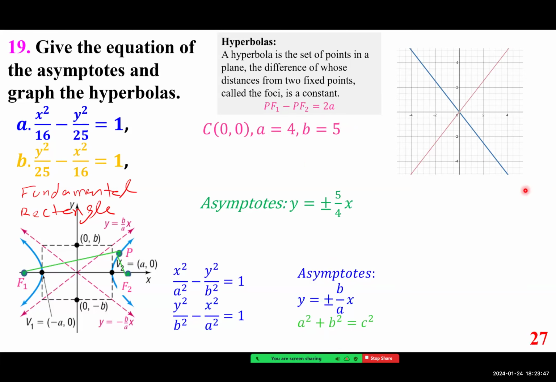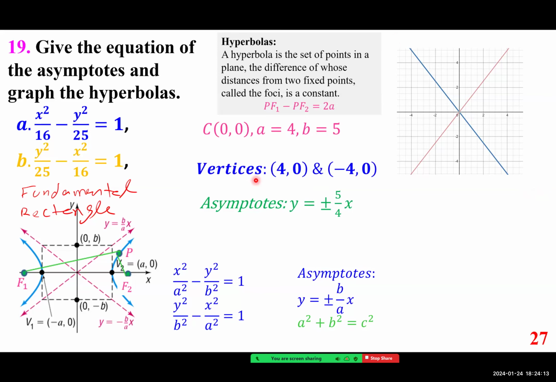These are the two asymptotes. The equation for this one is y equals 5 over 4 times x, and for this one, minus 5 over 4 times x.